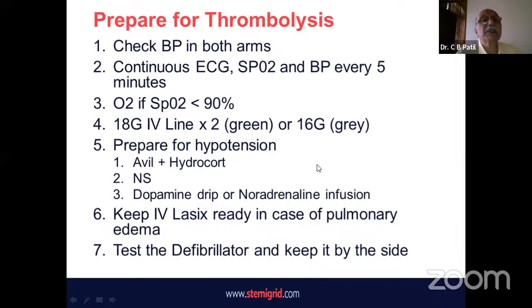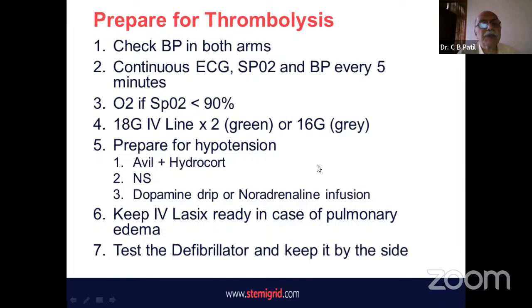What is the preparation you have to do? Check the BP in both arms. There should not be any difference. Continuous ECG, SpO2 and BP, every 5 minutes they should be checked. Oxygen only if SpO2 is less than 90%. An 18-gauge IV line, and they should be ready for IV fluids, everything.